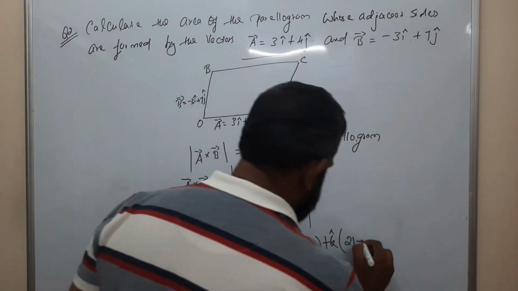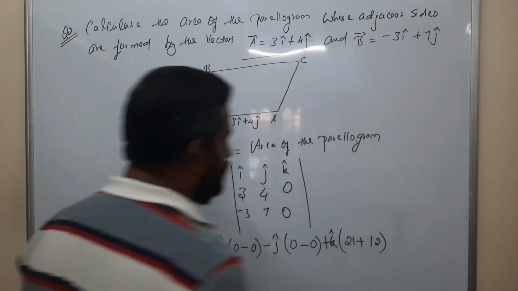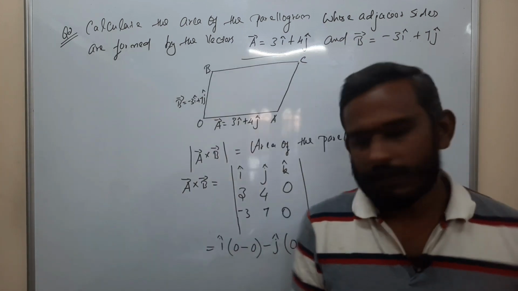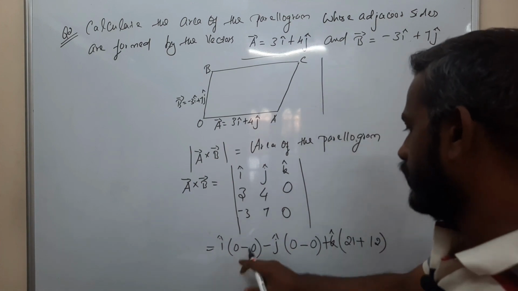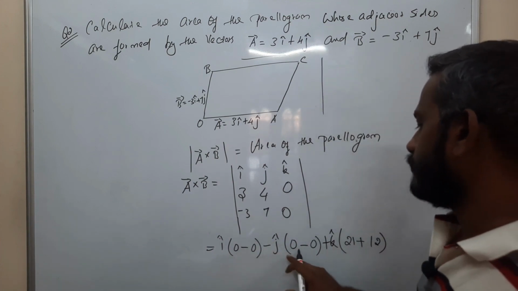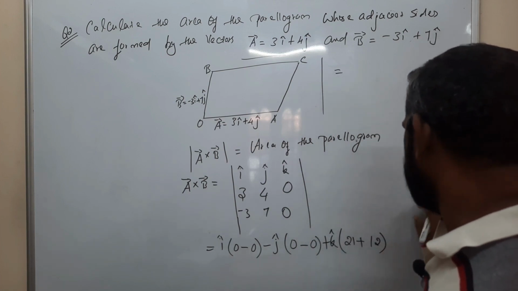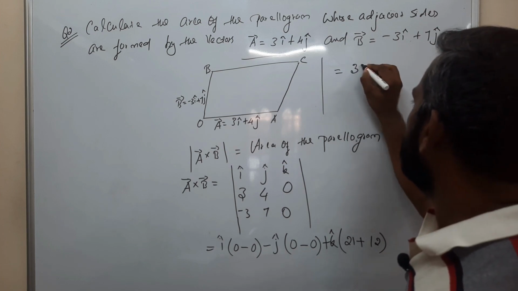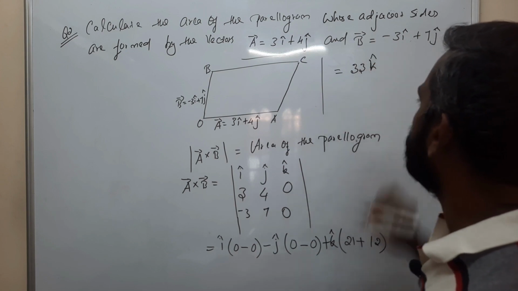So minus into minus, plus, so 12. So that's equal to 0 I cap, 0 j cap. What is remaining? 21 plus 12, that is 33 K cap.